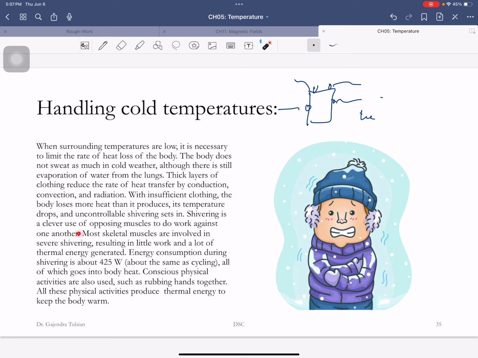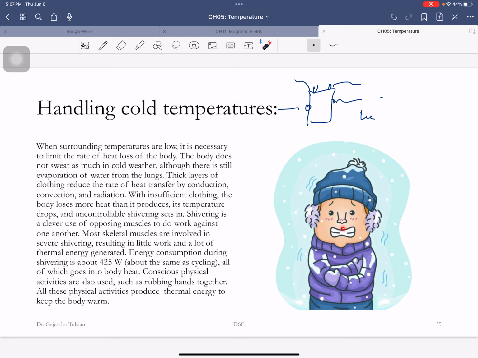Each muscle is working against the other, but you're producing thermal energy. Most skeletal muscles are involved in severe shivering, resulting in little work and a lot of thermal energy generated, which will warm your body. Energy consumption during shivering is about 425 watts, about the same as cycling. So severe shivering is the same as riding your bike.